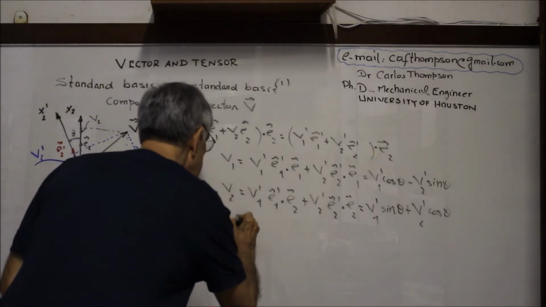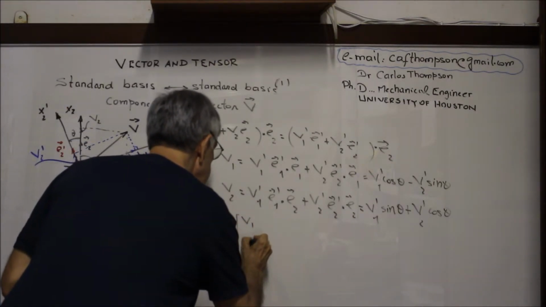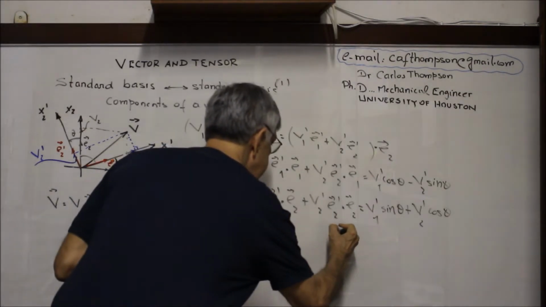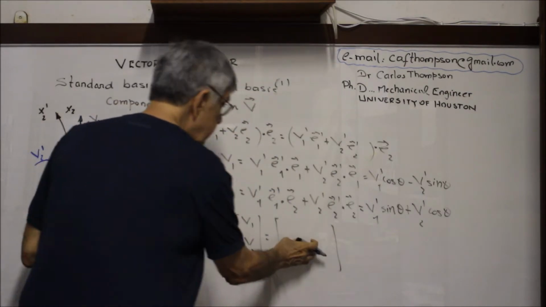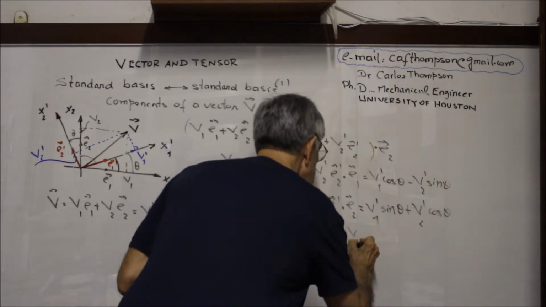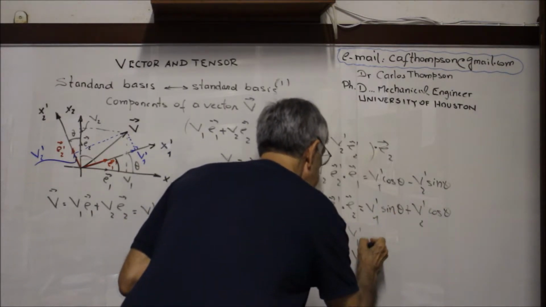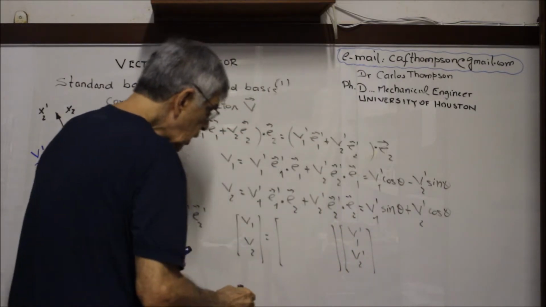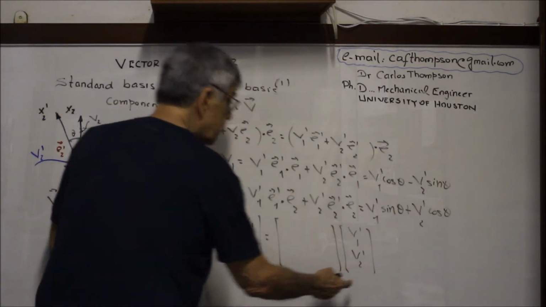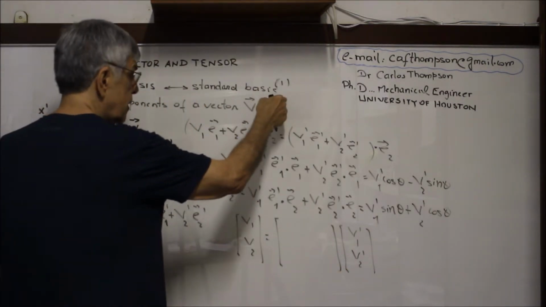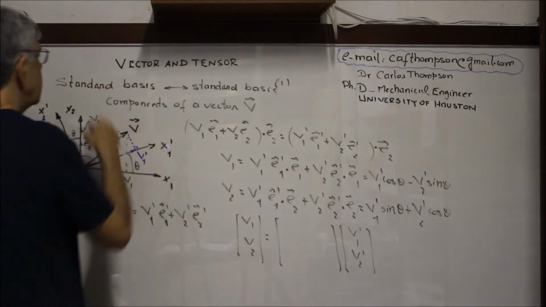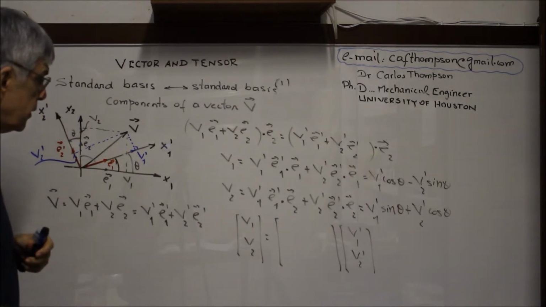Now I can write the matrix. Just easy. Look, V1, V2 is equal to this matrix, operating on V1 prime, V2 prime. This matrix operates on the components of a vector related to one standard base, to give the components of the same vector on the standard base E1 and E2.